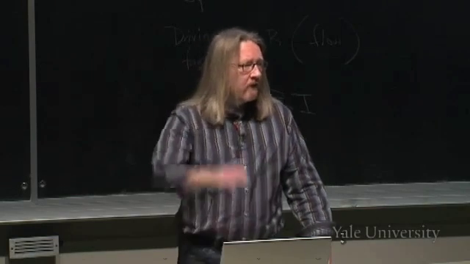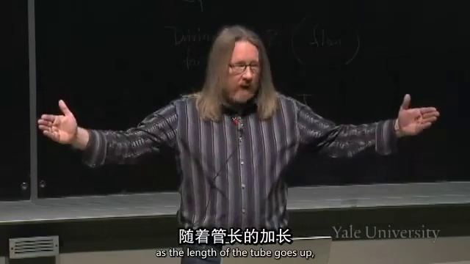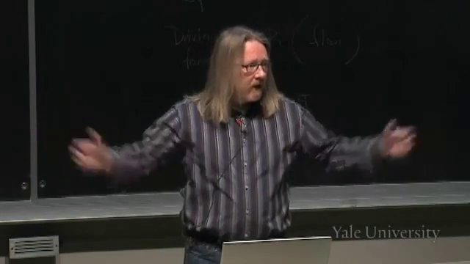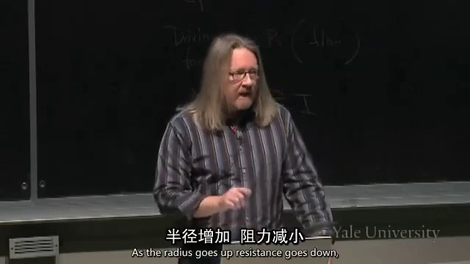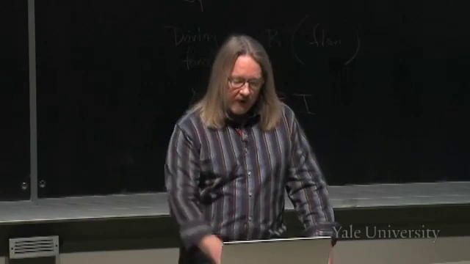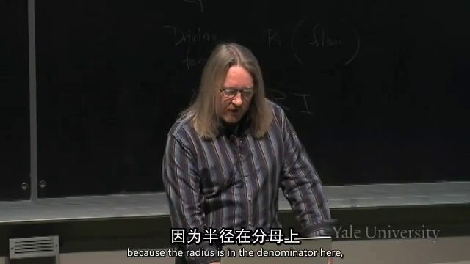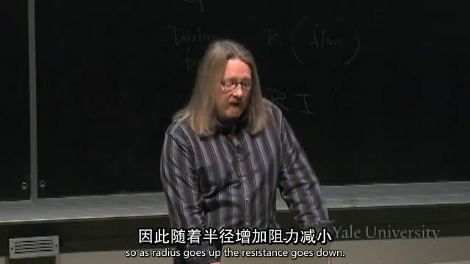As viscosity of the fluid goes up, resistance goes up. As the length of the tube goes up, resistance goes up, right? Harder to pull through a long straw than through a short straw. And as the radius goes up, resistance goes down, right? Because the radius is in the denominator here. So as radius goes up, the resistance goes down.